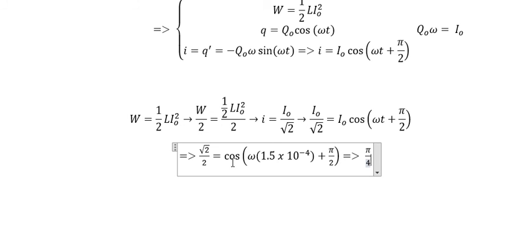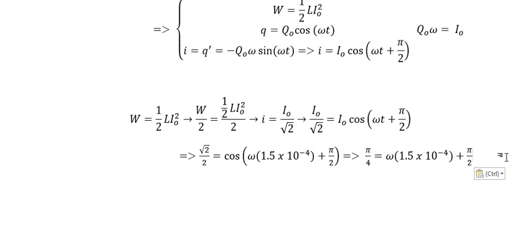Because cosine of square root of 2 over 2 gives pi over 4, we put this number equal to this one. Now we can find this omega.